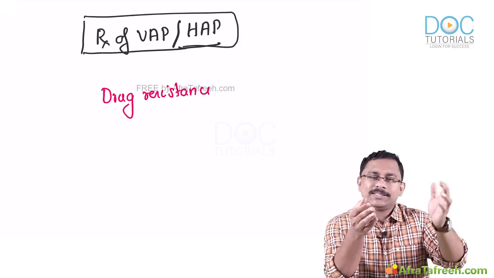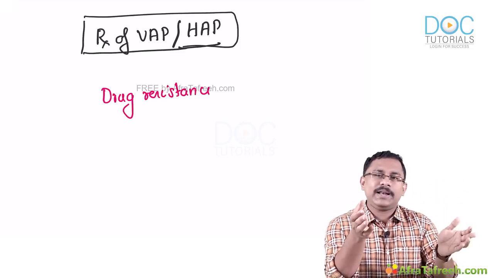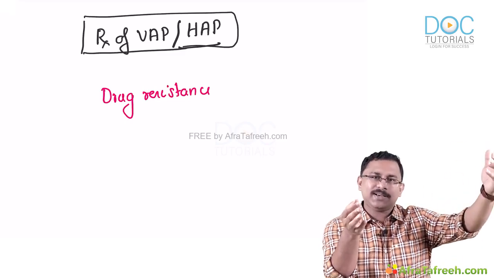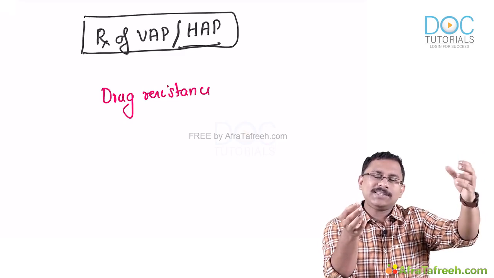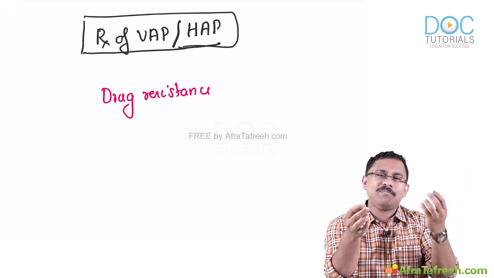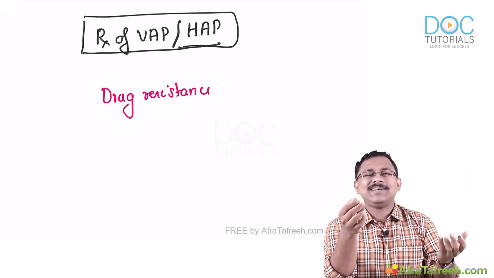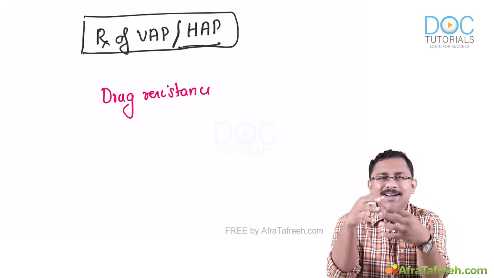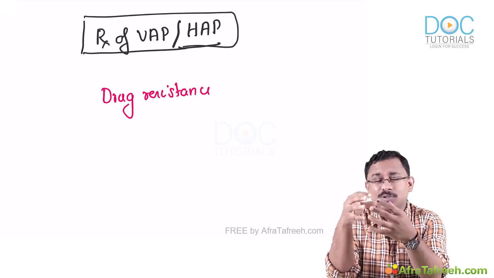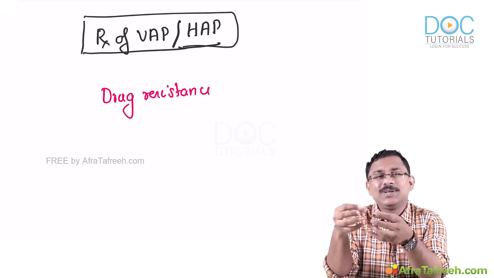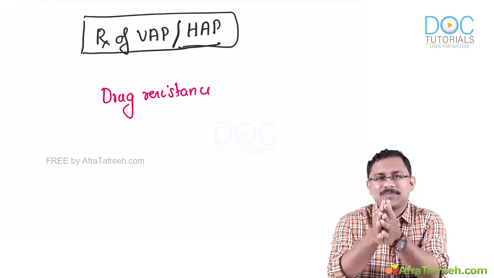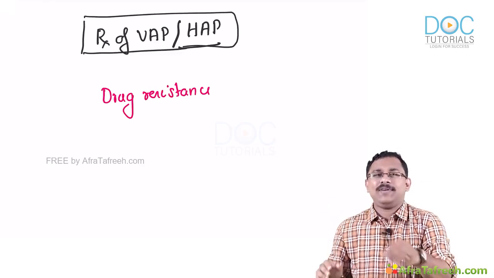Okay, because see, ICU is a scenario where all the antibiotics you use will be higher end antibiotics, correct? So when you use such antibiotics, the chance of the microbe developing resistance to such antibiotics is more, which is why most of the cultures you send from patients with a VAP or HAP turn out to be multi-drug resistant. Okay, so that is what you have to be careful about.